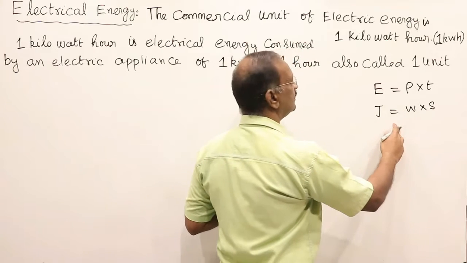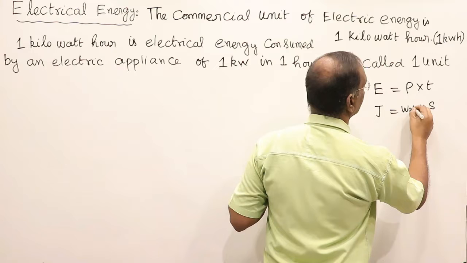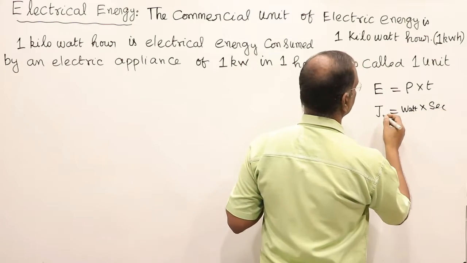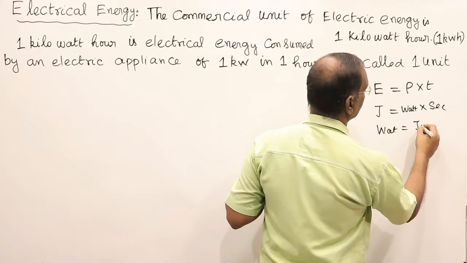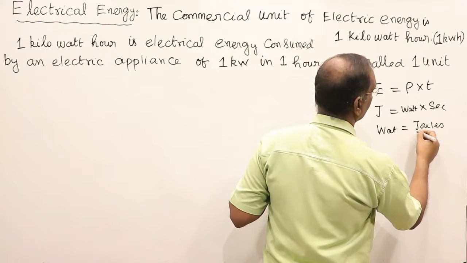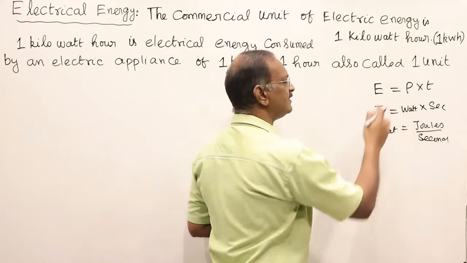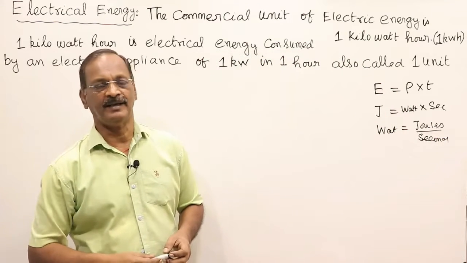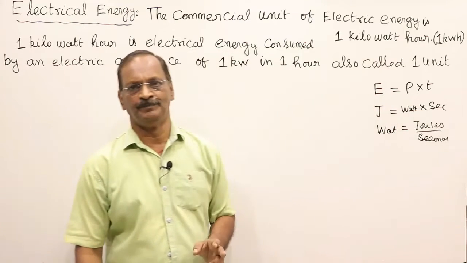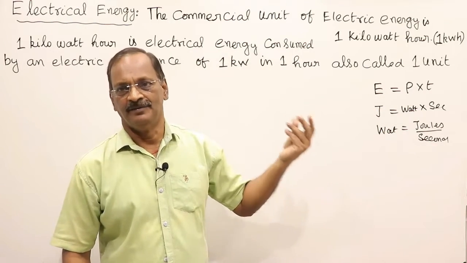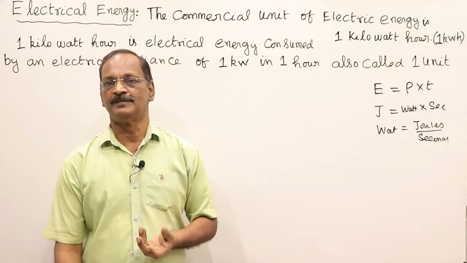It means joule is equal to watt into second, or watt is equal to joules per second. So electrical energy is nothing but power multiplied by time. For power we use I squared R, or VI, or V squared by R, where V stands for potential difference.